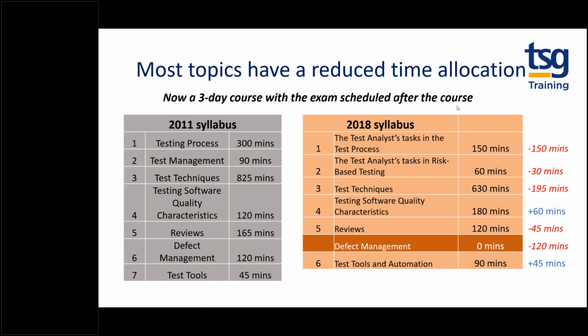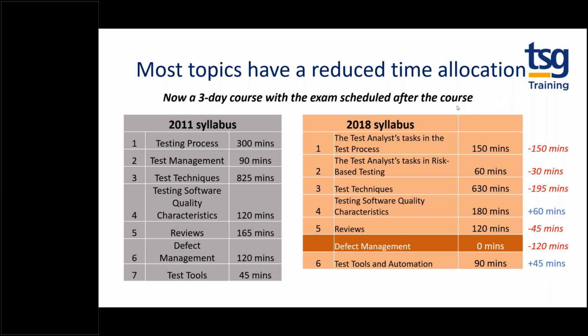so most of the topics, if you look at this graphic here, we've got the 2011 syllabus. The topics are essentially still in there, but you might have noticed defect management is a discipline which is common to all testers. So that was deemed not necessarily to be refocused on from a test analyst point of view.